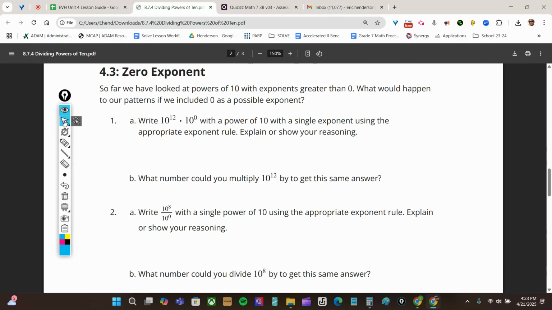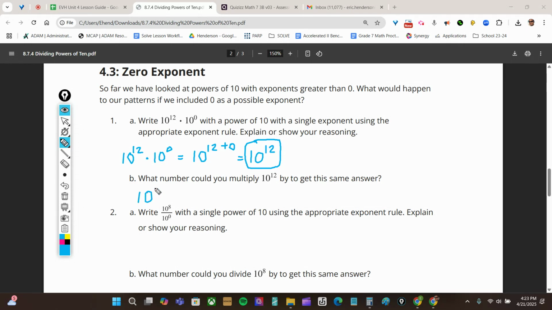All right, so write 10 to the 12 times 10 to the 0 with a power of 10 and a single exponent. So 10 to the 12 times 10 to the 0 equals 10 to the 12 plus 0, which equals 10 to the 12. Final answer. We showed our reasoning. What could you multiply to get the same answer?